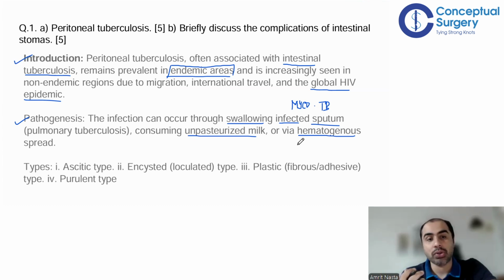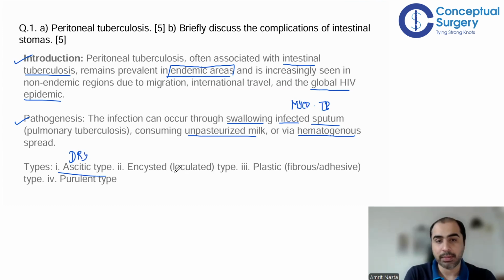Now you should know the gross types of peritoneal TB. Some of these you would have seen in real life. You can have the ascitic type, which is also called the wet type. Then you will have the loculated ascites type, in which you get that typical doughy abdomen when you palpate. Then there will be the adhesive type, which is the dry type, right?